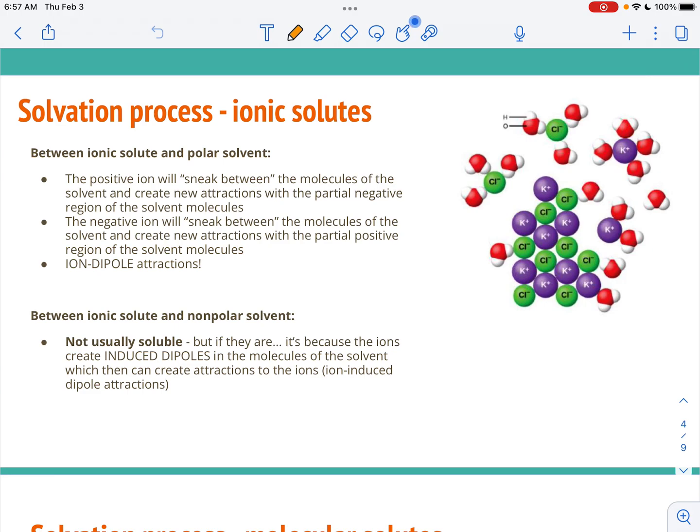The solvation process is the process of particles breaking attractions with particles that are like themselves and forming new attractions with particles that are not like themselves. So basically, anytime something dissolves, the attractions that are holding it to itself and the solvent to the solvent have to be replaced with new attractions between solute and solvent.